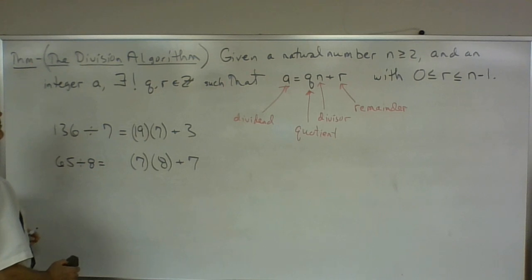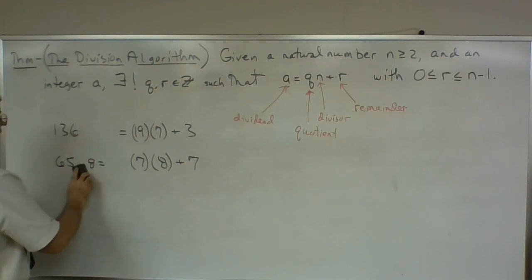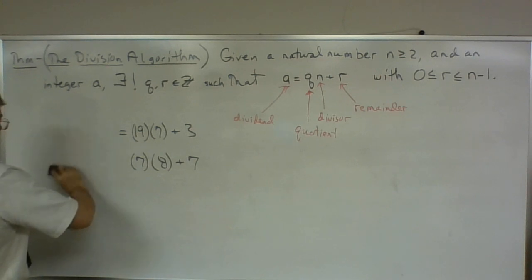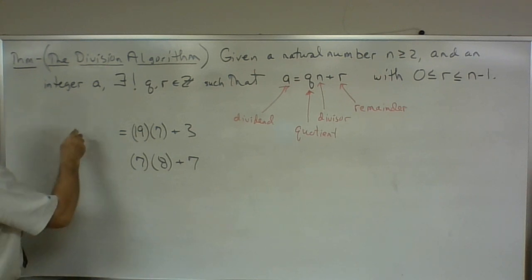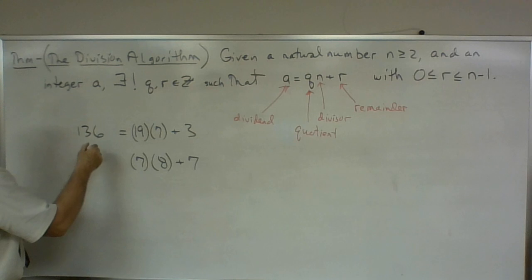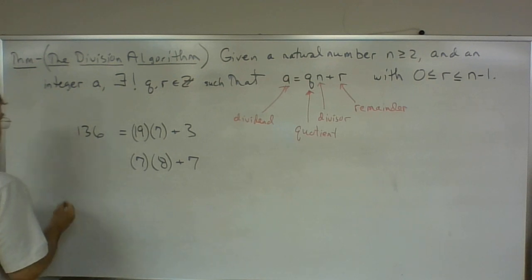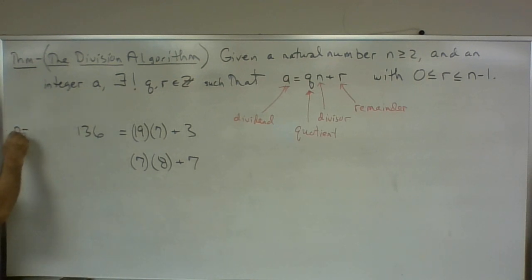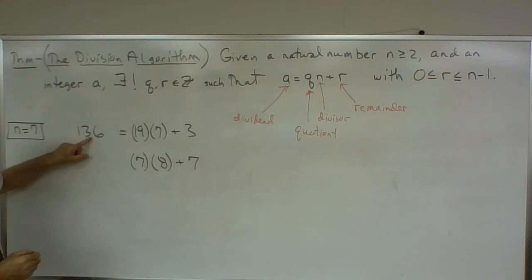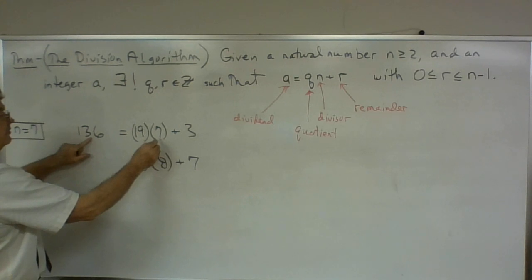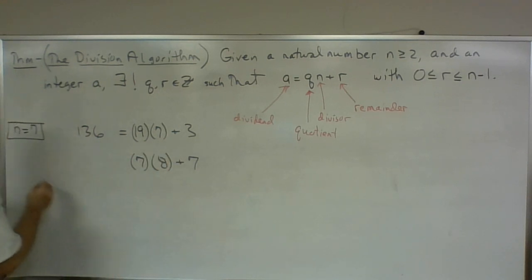And you know, I think I'm writing this somewhat incorrectly. I think this is the way I really want to write it. 136 is equal to, okay, let's let n equal 7. Our divisor is 7. 136 is 19 times the divisor plus 3.